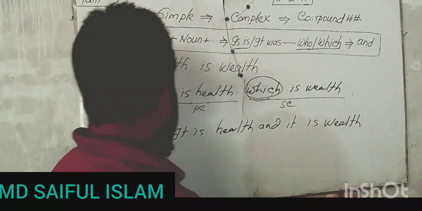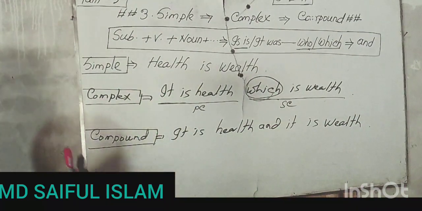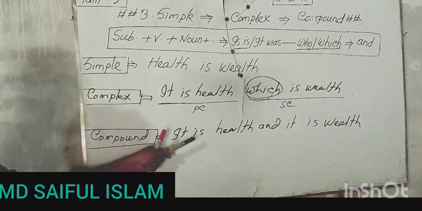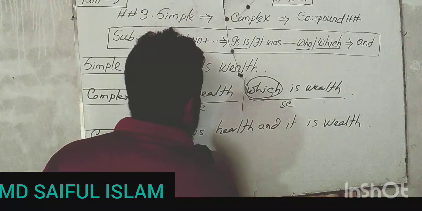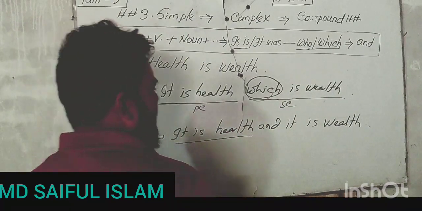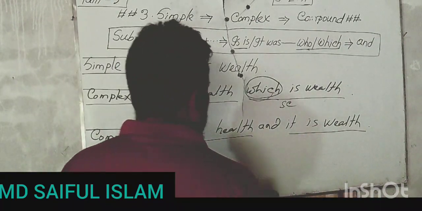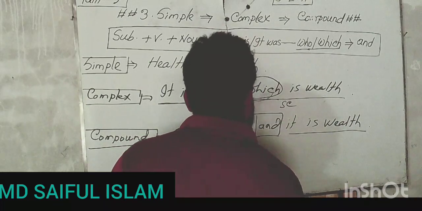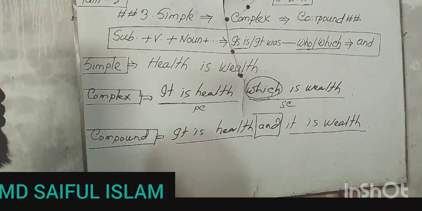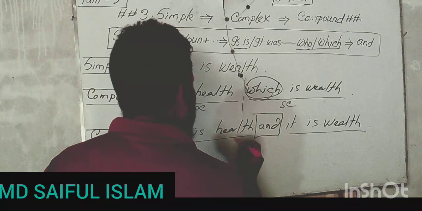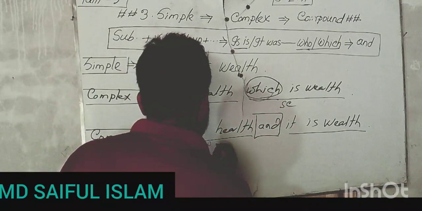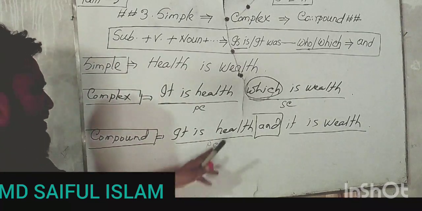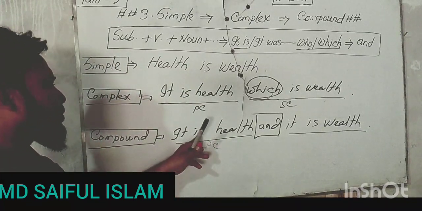Now my question to you: what kind of sentence is this? Of course, this sentence possesses it is health, it is oiled, mixed with the coordinate conjunction and. It is health, which clause? Of course, principal clause. Why? Because this sentence possesses one subject and one finite verb.